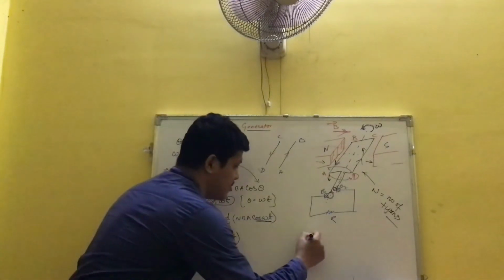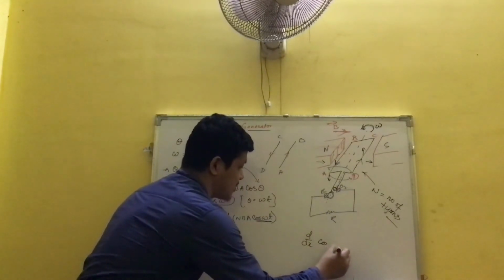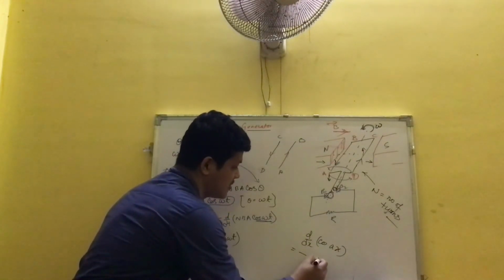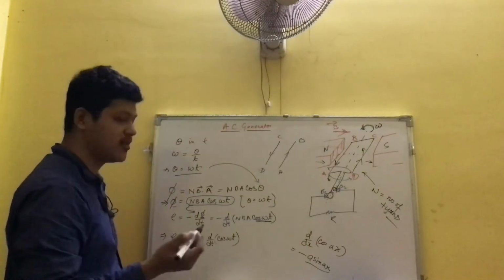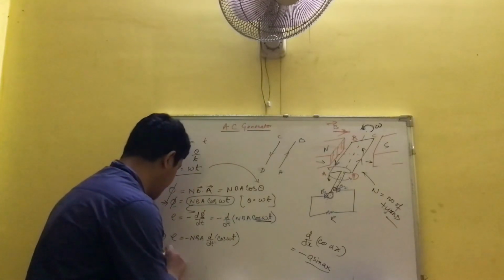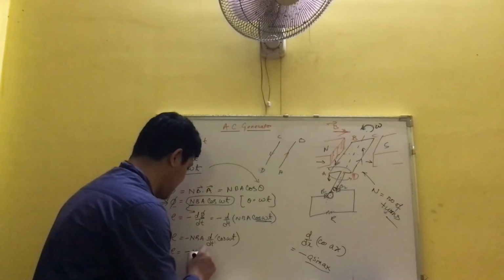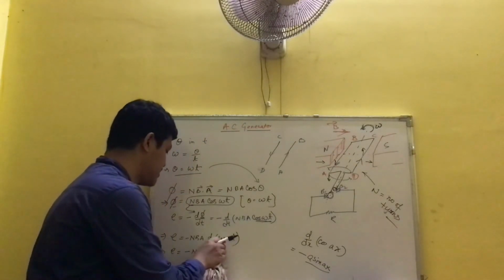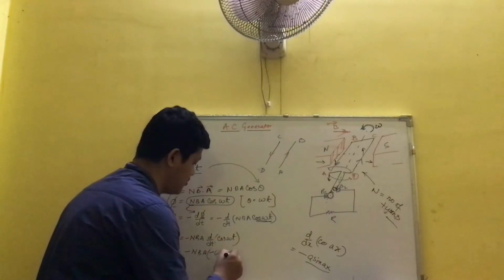And we know the derivative d by dx of cos ax is minus a sin ax. I hope you have got this in mathematics, in derivatives. So after differentiation with respect to t, what will we get? n B A omega, minus sin omega t, so minus omega sin omega t.